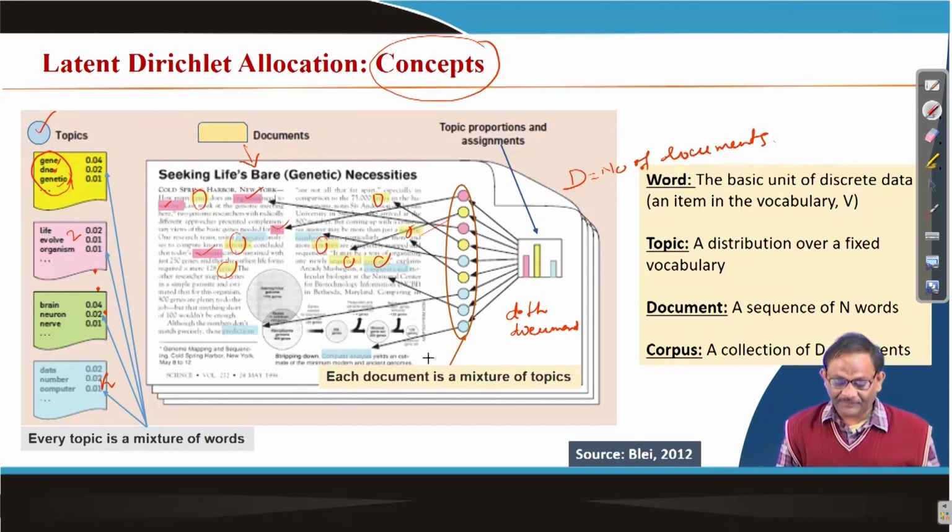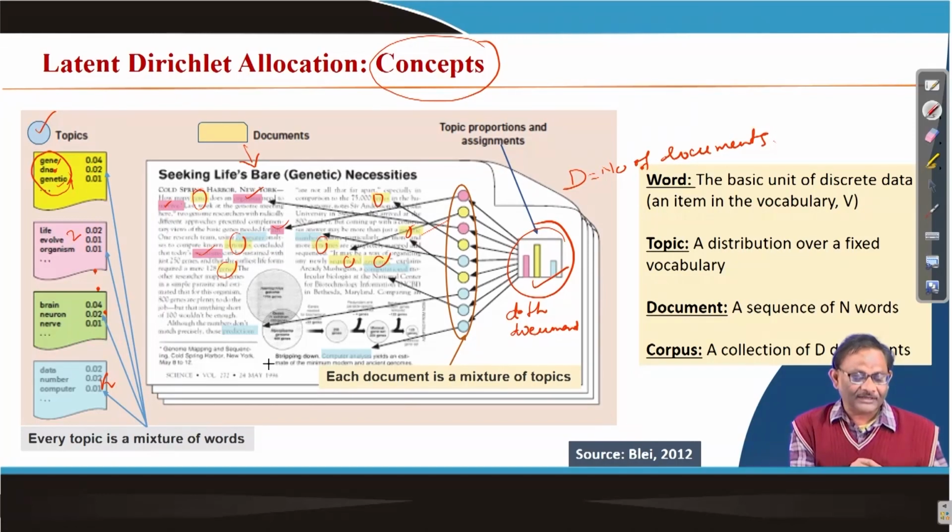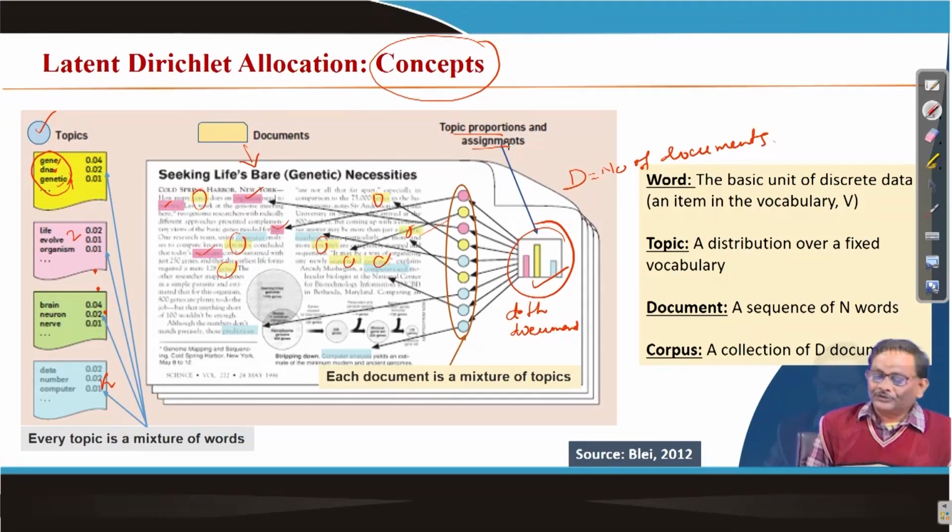Now if you know the themes and you know which words represent the themes, then for a particular document you will be able to develop a topic proportion. That means you know that in this document there are k topics, and what is the proportion of the first topic, proportion of the second topic, proportion of the third topic. Like this you will be able to develop topic proportions.